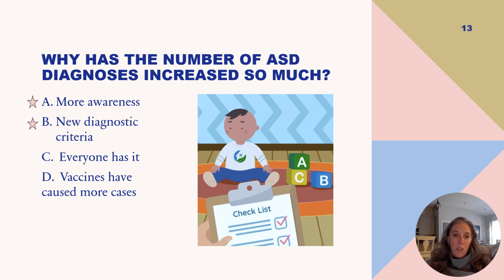So now they're all bunched together, so it increases the number. C is incorrect because no, everyone does not have it. And D is also incorrect. Research has shown that the thimerosal that is an ingredient in many vaccines does actually not have a causative link to autism, although this was thought to be true in previous years. It is not thought to be true now.